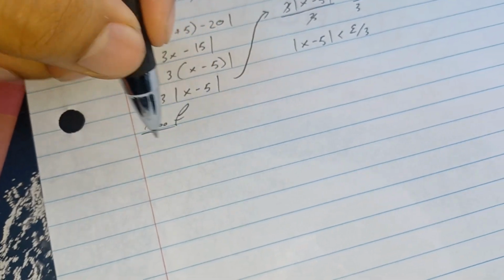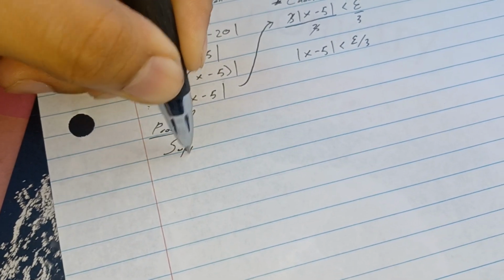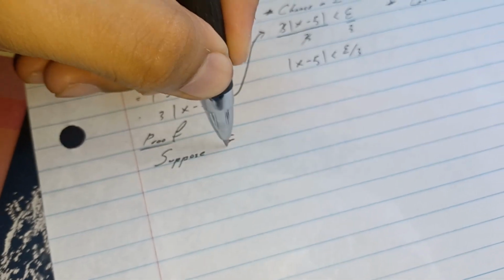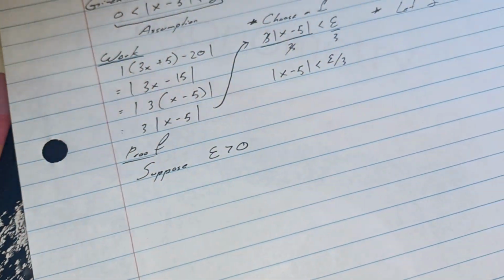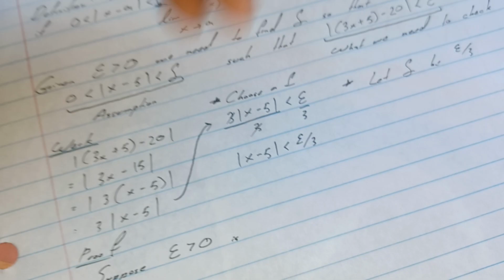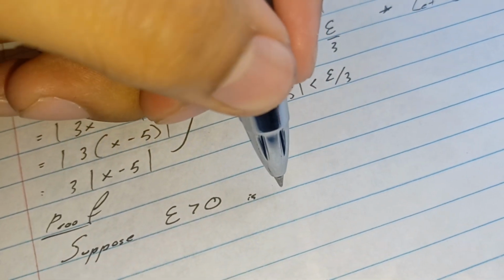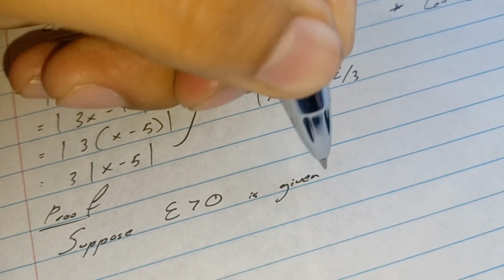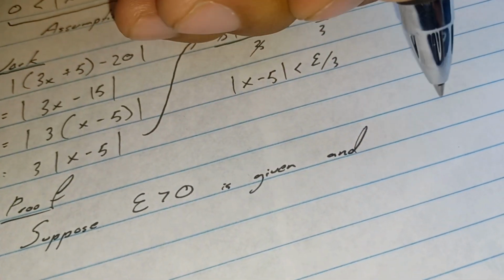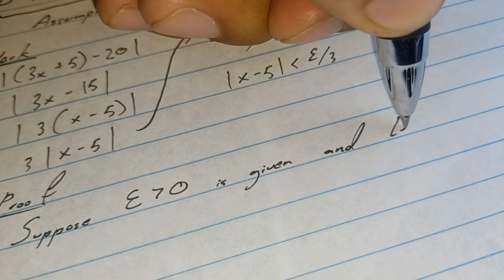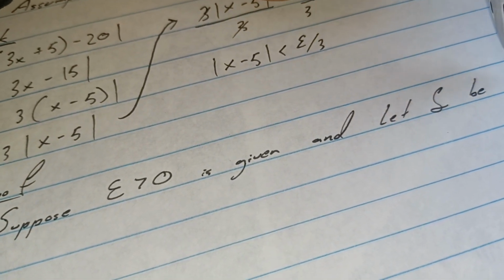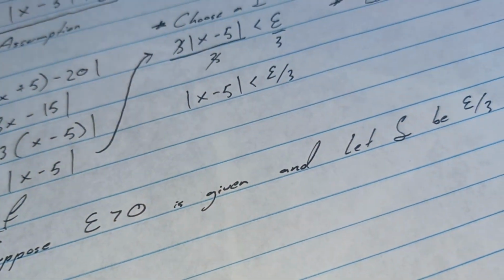So let's suppose epsilon greater than 0 is given, and let delta be epsilon divided by 3.